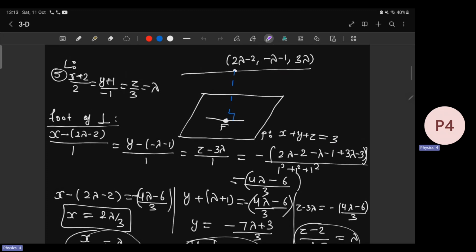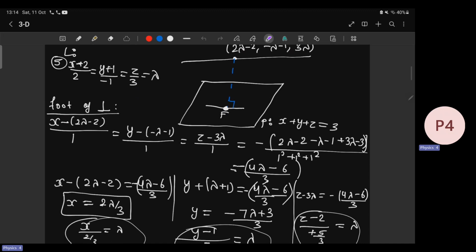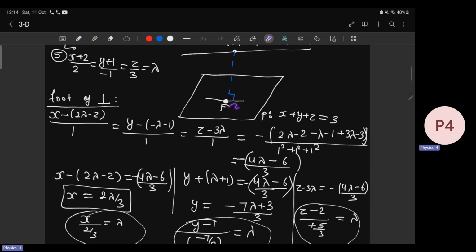So we can write the general point in parametric form on the line from here: 2 lambda minus 2 comma minus lambda minus 1 comma 3 lambda. Now the foot of perpendicular, we can directly write. Suppose the foot of perpendicular is x comma y comma z.